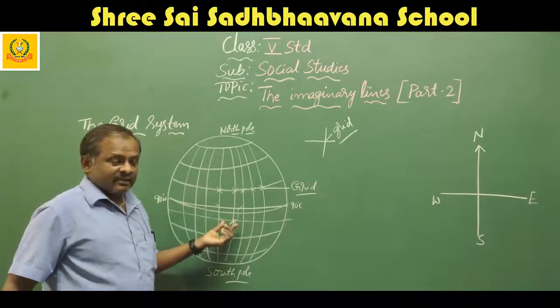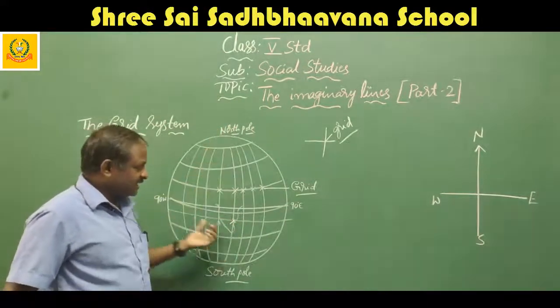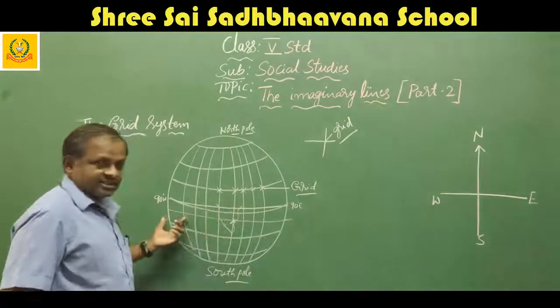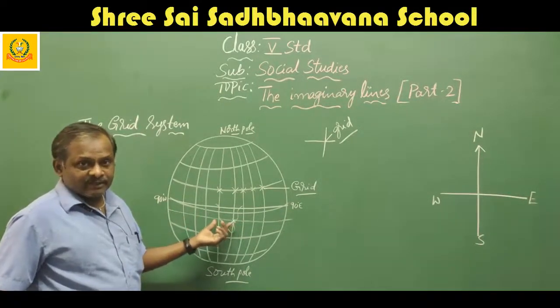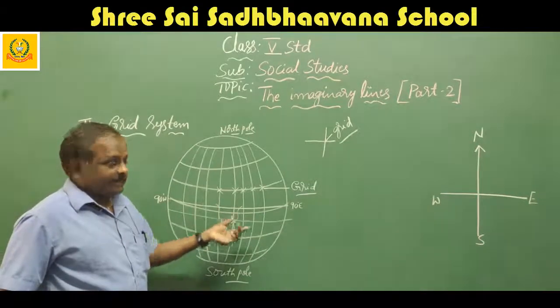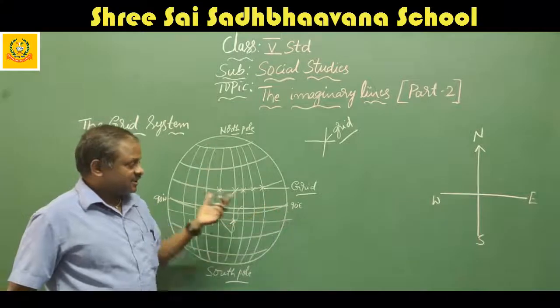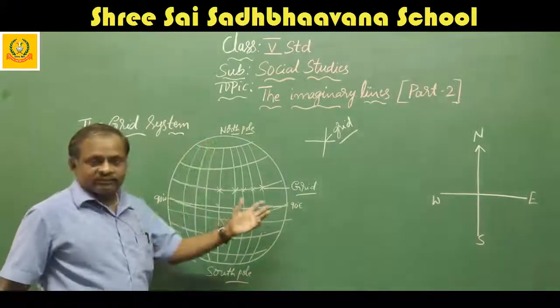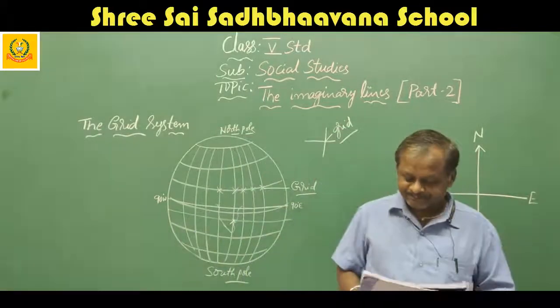By this grid system, we will locate in which degrees north and in which degrees east or south it is located on the earth. It is easily possible to locate the places by these degrees. By these degrees, northeast or north south or southeast or southwest, like that, it is easy to locate the places.